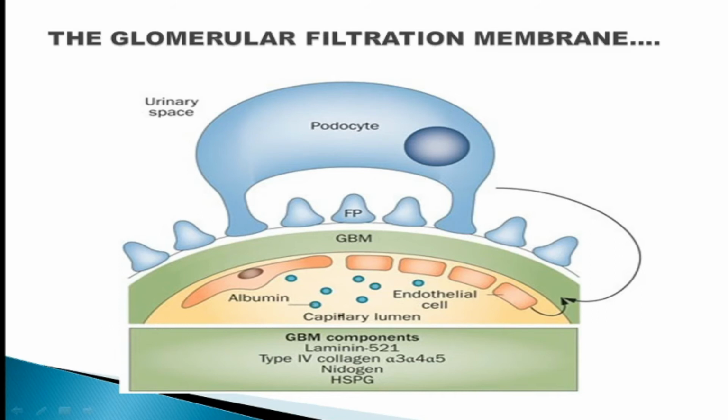This is the capillary lumen and this is the glomerular capillary basement membrane. The podocytes encircle the capillary lumen, thus forming a part of the layer. This is the endothelial layer, this is the GBM or the glomerular basement membrane, and these are the podocytes.